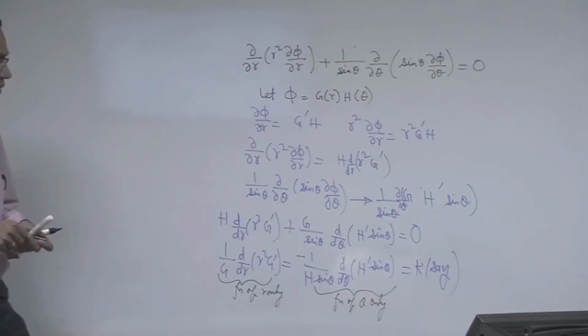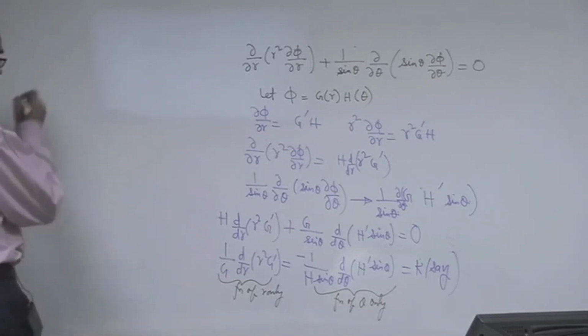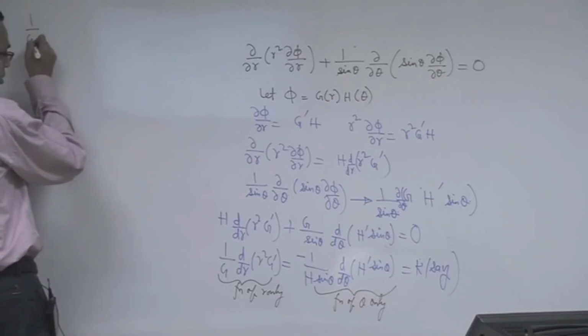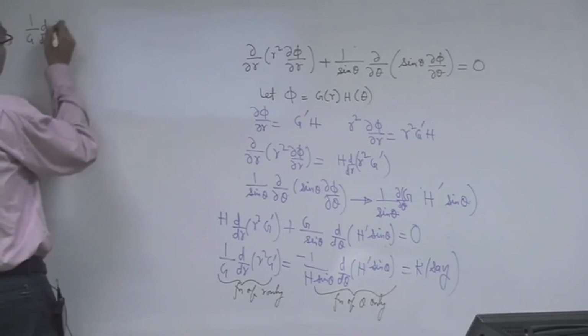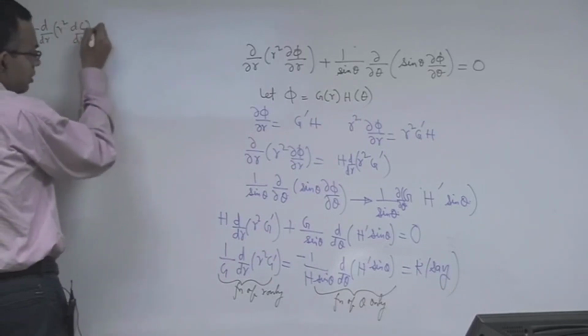So, we will solve the two equations. First we will solve (1/g) d/dr of r² dg/dr equal to k.